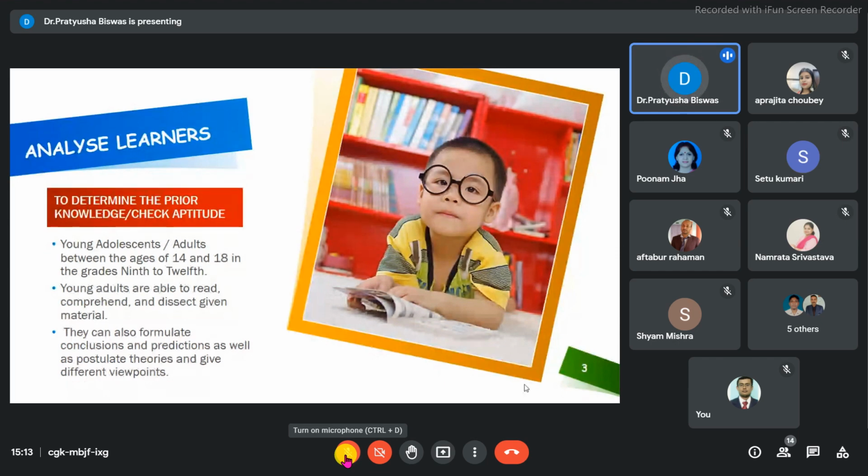Then young adults, like I told you, comprehend and dissect the given material. They can also formulate conclusions and predictions, as well as postulate theories. Now, what do you mean by postulating theories? Anyone? What does postulating theories mean?